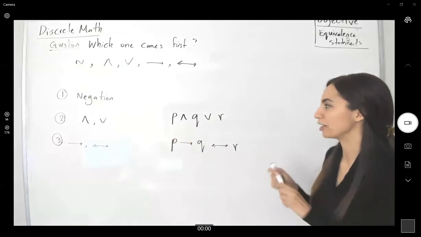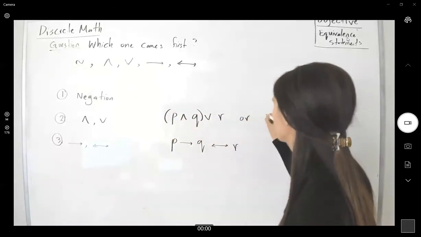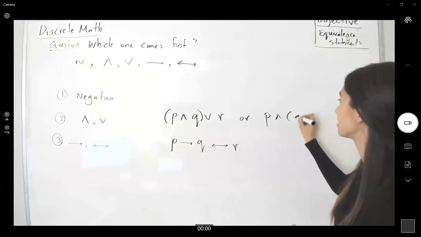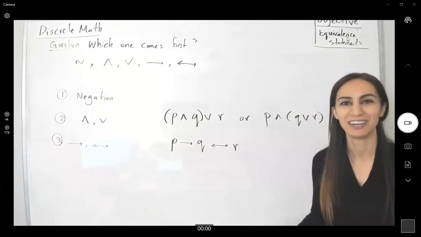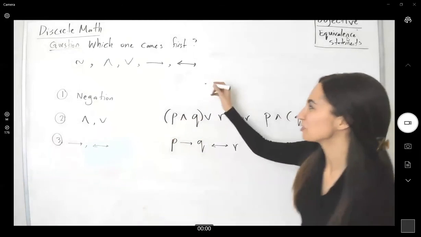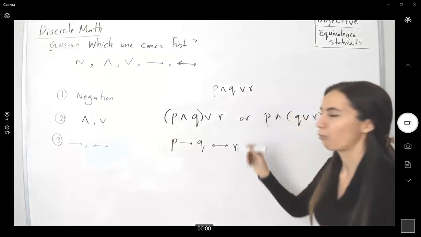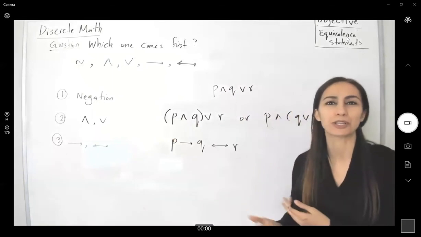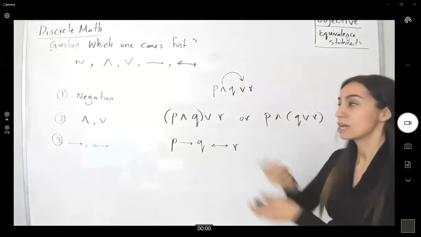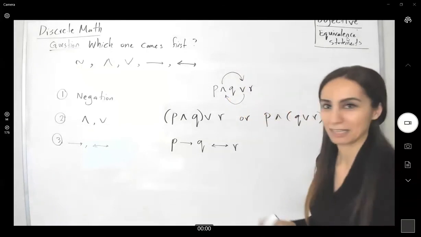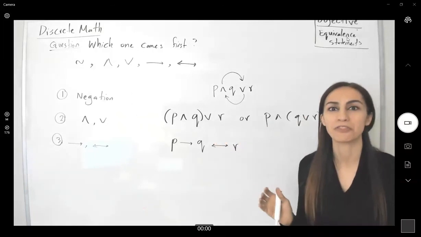It must be in one form or the other. We just learned about the distributive law. If you write P and Q or R, which one is distributed over which? Is it and distributed over or, or is it or distributed over and? We have no idea. We need parentheses.